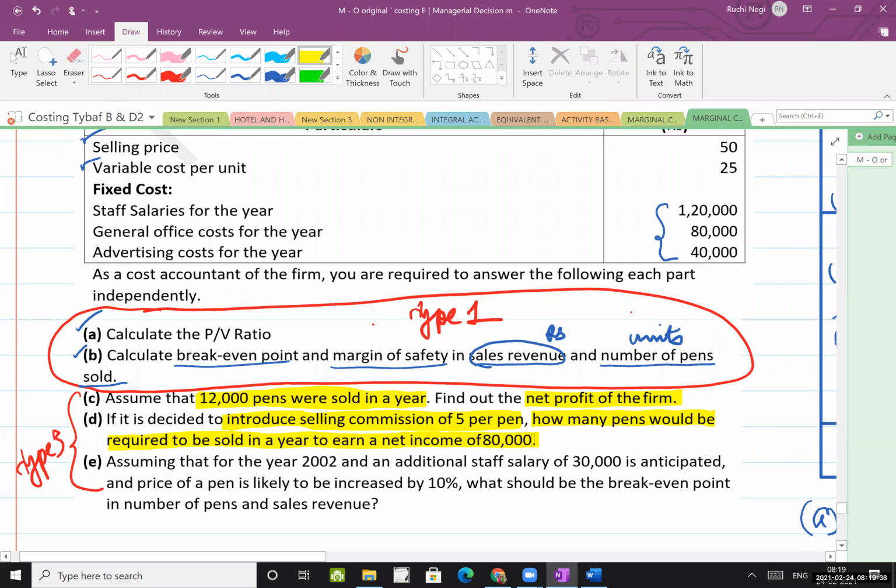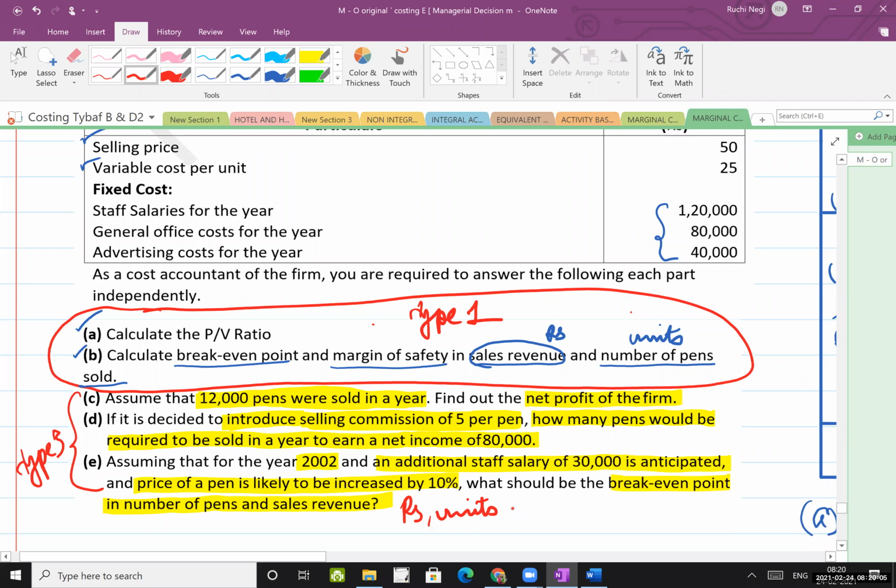Next, assuming that for the year 2002 an additional staff salary of 30,000 is anticipated, and price of pen is likely to be increased by 10%. What should be the break even point in number of pens and sales revenue? That is BEP in rupees and units.